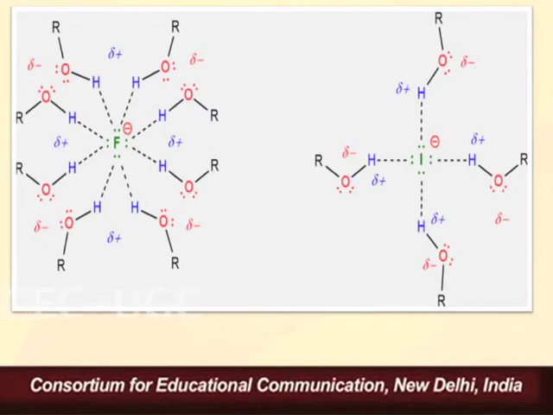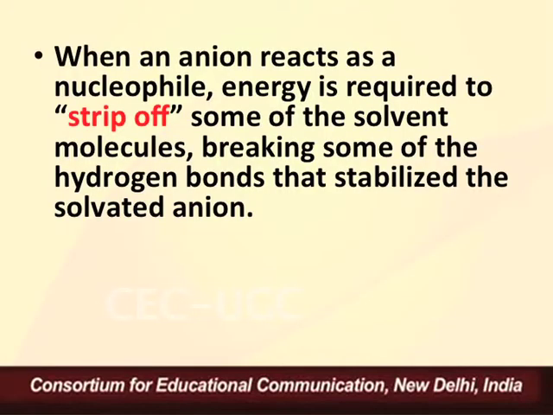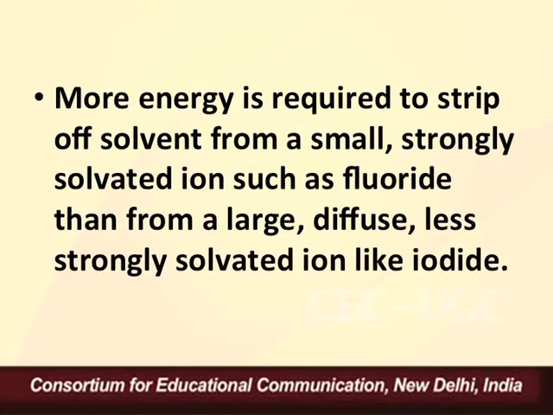Therefore, fluoride anion is a weaker nucleophile as compared to iodide ion, because when an anion reacts as a nucleophile, energy is required to strip off some of the solvent molecules, breaking some of the hydrogen bonds that stabilize the solvated anion. More energy is required to strip off solvent from a small, strongly solvated ion such as fluoride than from a large, diffused, less strongly solvated ion like iodide.